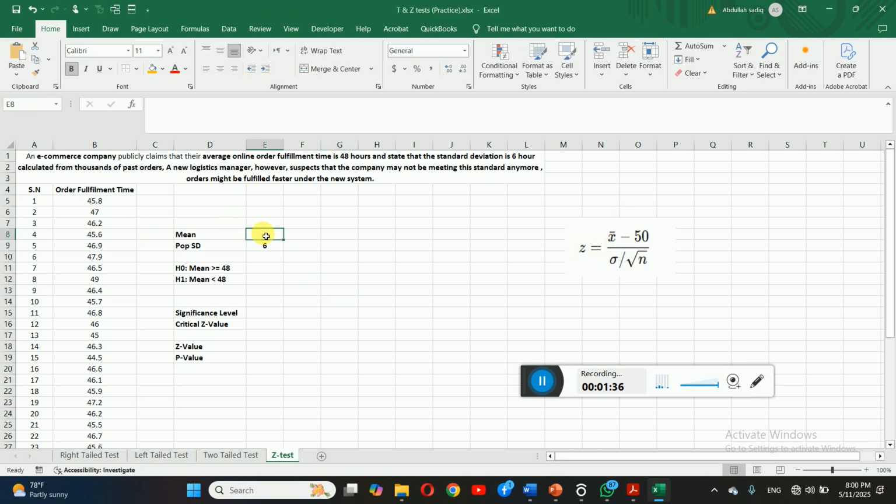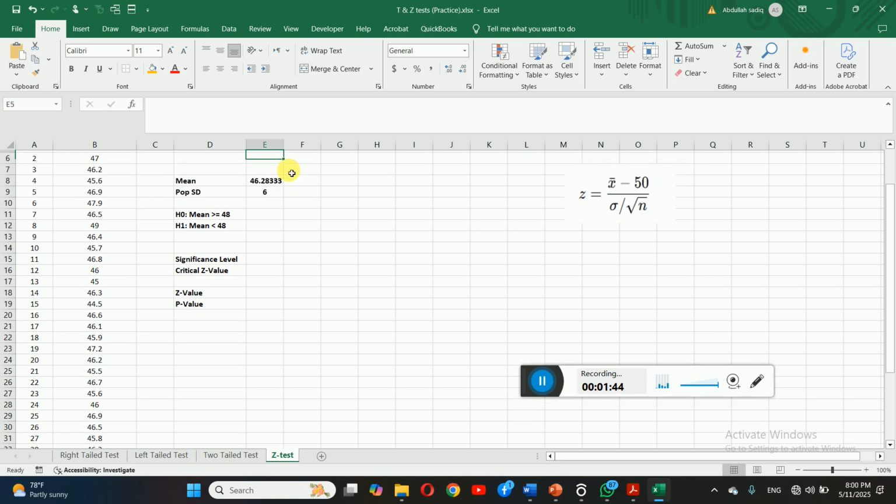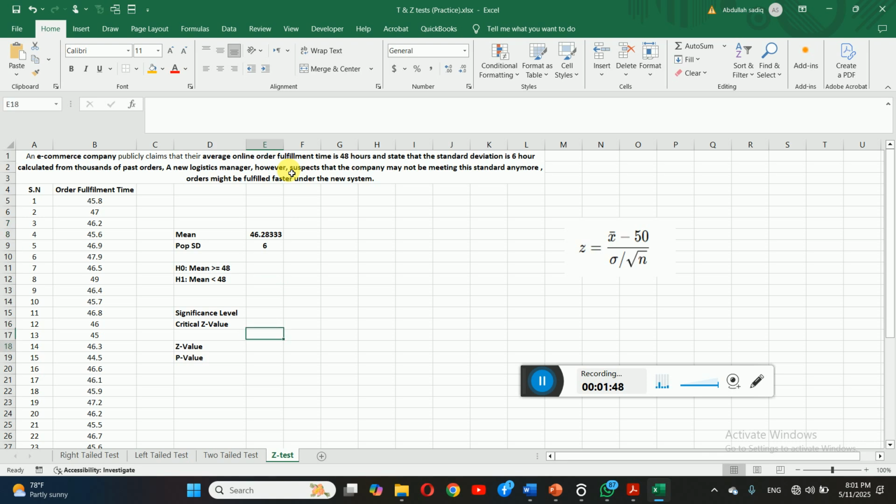Okay, we have the data. First you should compute the mean value, which is the average, of all the values we have, and then you should have the significance level. In our hypothesis, dear students, the null hypothesis is that the mean time is greater than or equal to 48 hours, but the new logistics manager is claiming that no, the new system is now providing efficiency, right?